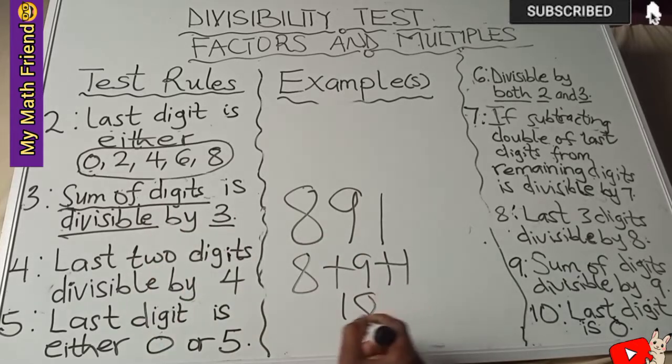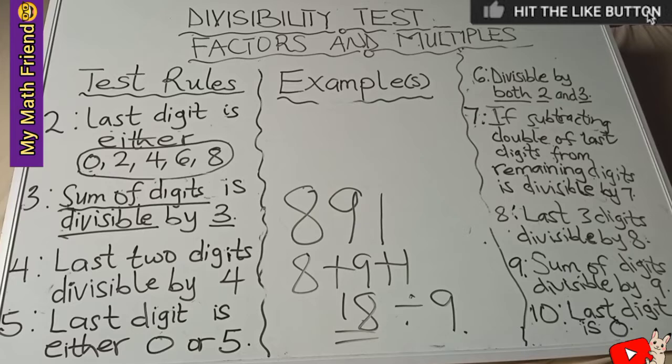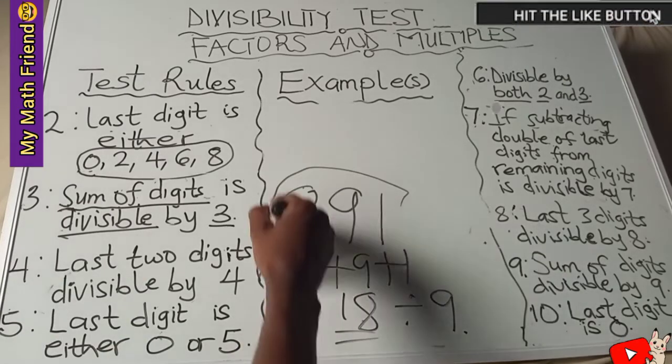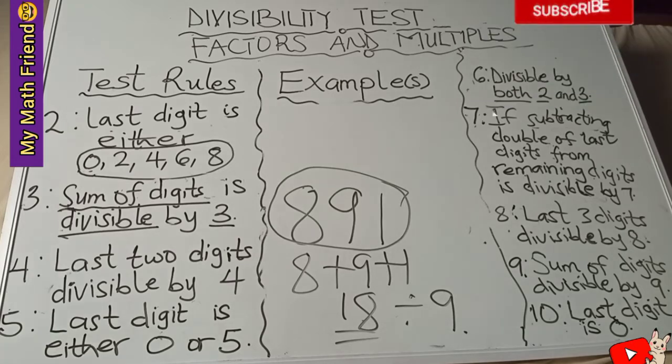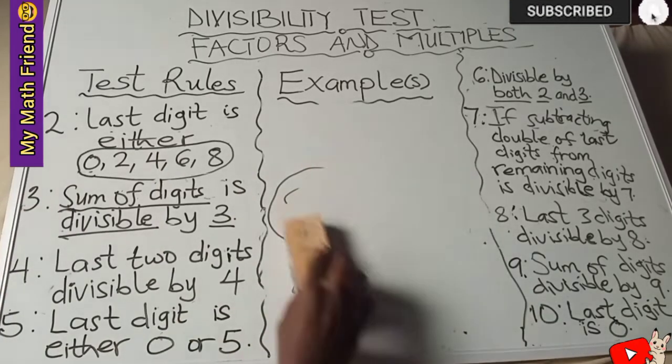Is 18 divisible by 9? How many groups of 9 go into 18? We have 2, exactly, without a remainder. So because after summing the digits up, 9 goes into the sum exactly, we can conclude that the number is divisible by 9, or is a multiple of 9. Or the other way around, we say that 9 is a factor of it. Great.